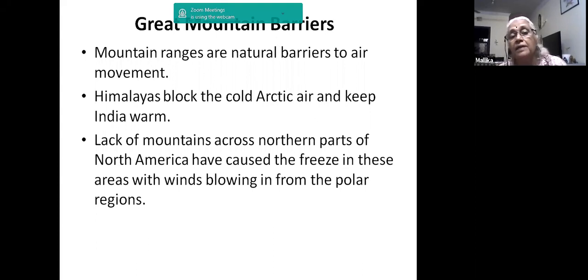Himalayas are a climatic barrier in terms of temperature. Also, Himalayas does not allow the monsoon winds to cross, and therefore the monsoon winds are forced to turn towards Rajasthan, and that's how the whole of India gets rain. So Himalayas is more of a climatic barrier, both in terms of rainfall and in terms of temperature, more important temperature.